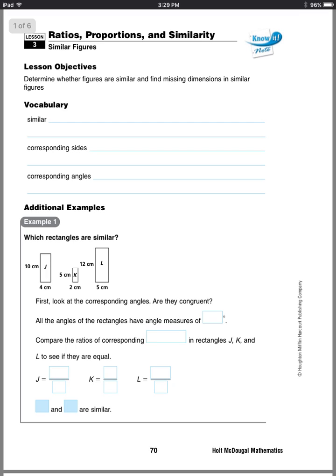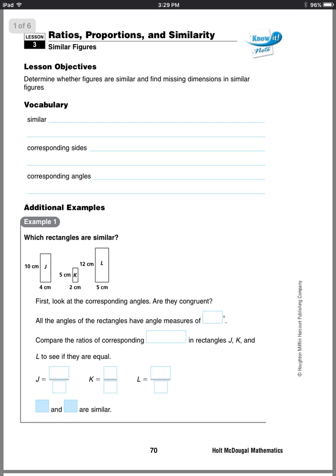Now, you can't just look at a couple of rectangles and say, well, because they're rectangles, they are similar. Their corresponding sides have to be proportional to each other, which means they all have to simplify to the same ratio. Okay?